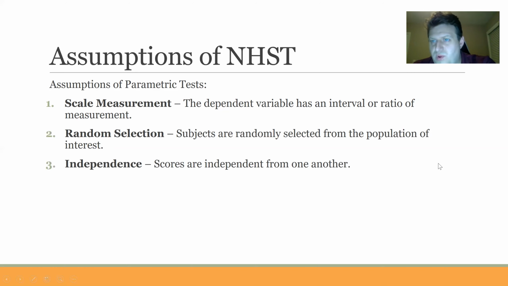Third, and this one's a little bit hard to grasp. This is independence. The scores are independent of one another. All right, so let's say that we have some kind of experiment. Let's say that it's a statistics test, and somebody yells out the correct answers to the test somewhere in the middle.